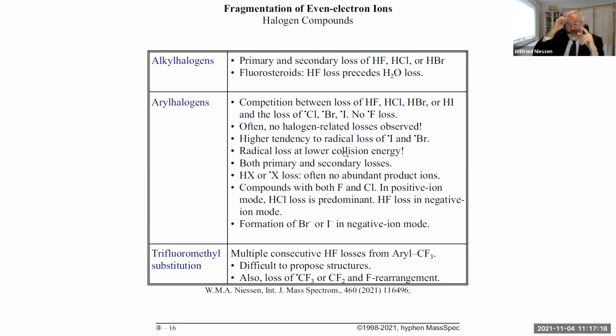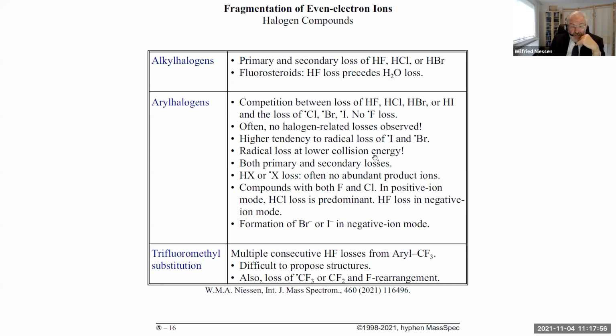But if you think about it, you can immediately explain why: for the radical loss, you only have to cut one bond, whereas for the loss of HCl, you have to cut two bonds because you have to take a hydrogen from somewhere. And obviously, it's not always readily explainable how you get the additional hydrogen for the HCl loss if the Cl is sitting on the aromatic ring.